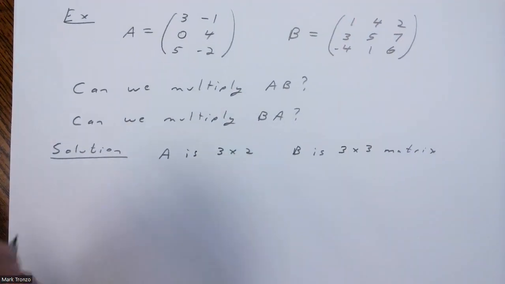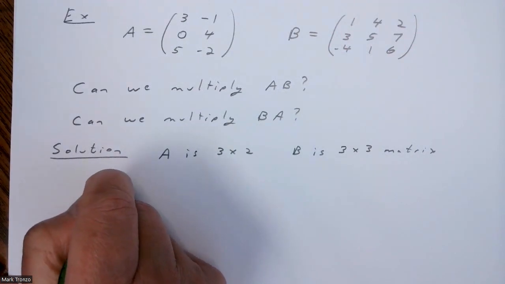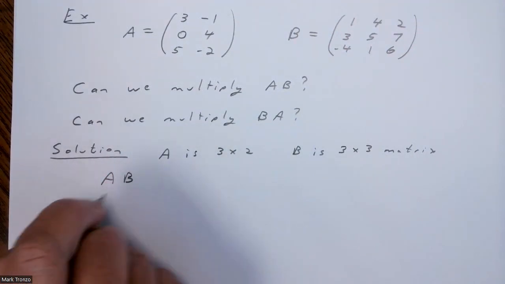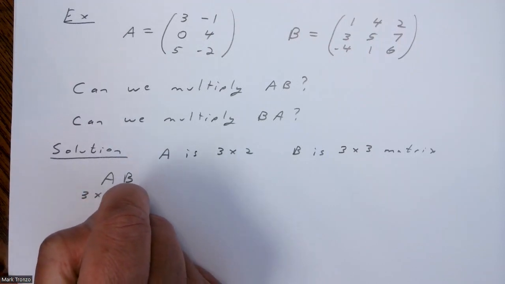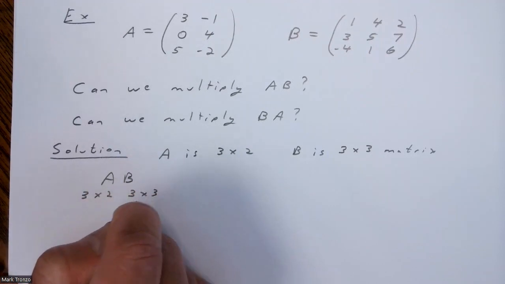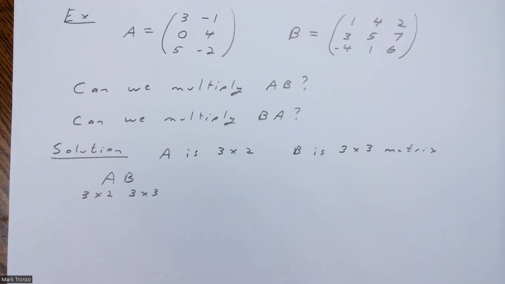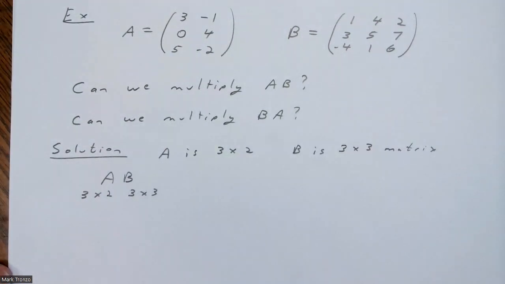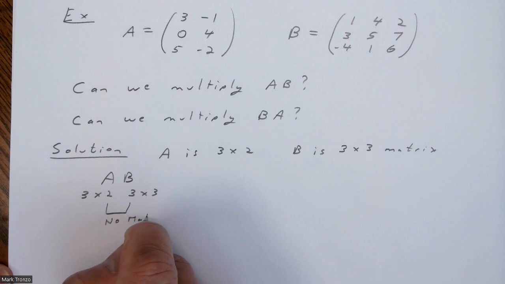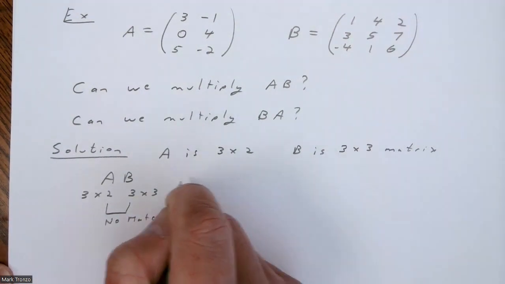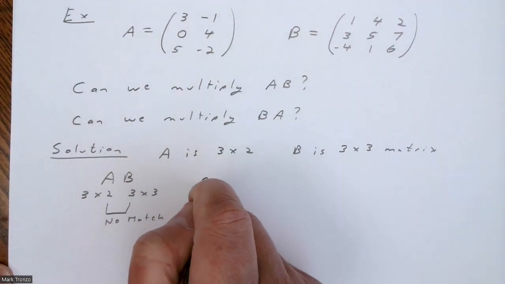So if we tried to do A times B, 3 by 2 and 3 by 3, these don't match. So this is not defined, so we can't multiply.